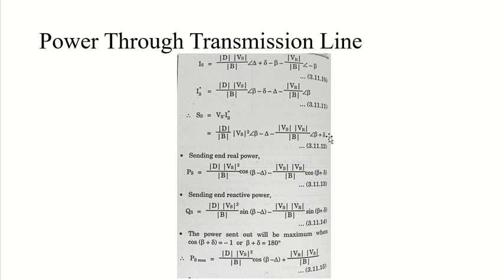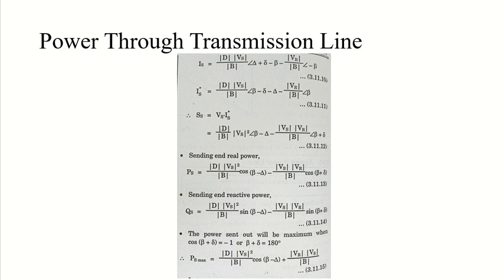And in the second term as well, the numerator and denominator, which means the amplitude part, will again remain as it is, and instead of the whole angle beta plus delta, we will have cosine of beta plus delta. So that will become the sending end real power, Ps.